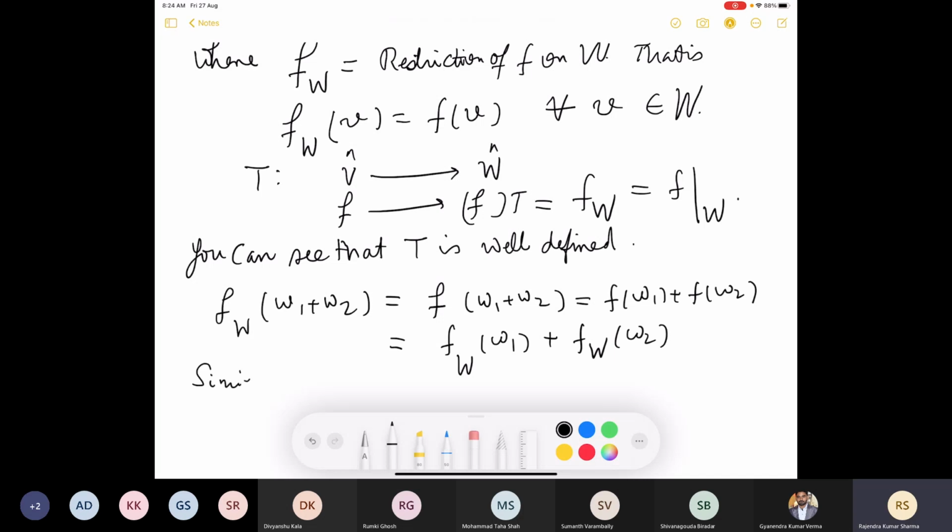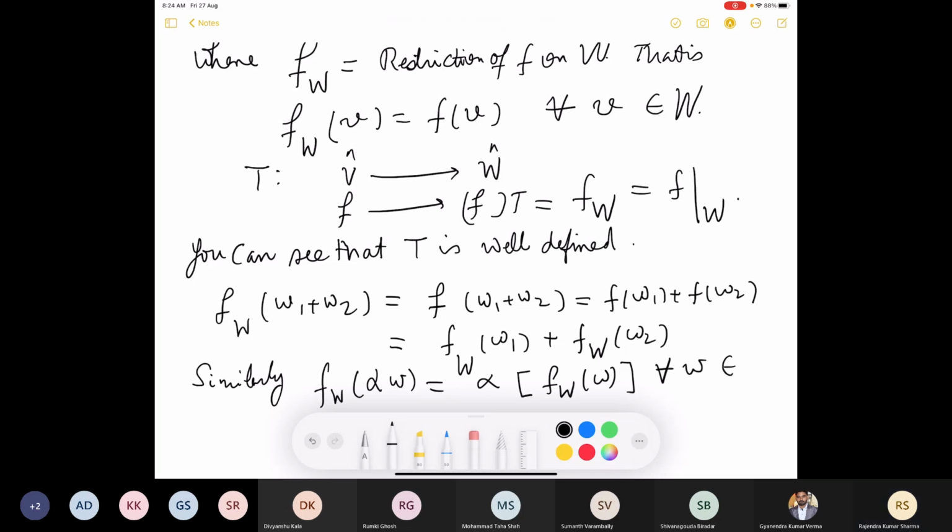Similarly, you can see that FW of alpha w is the same as alpha FW of w for every w in W, for every W1, W2 in W. So that makes FW in Hom(W, F). That means W hat.